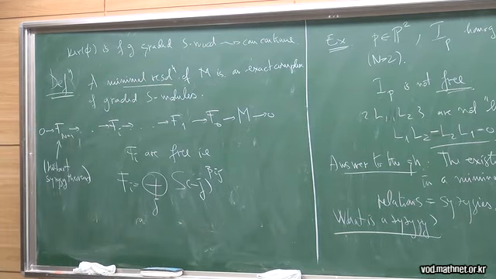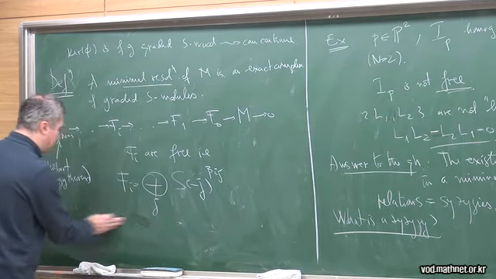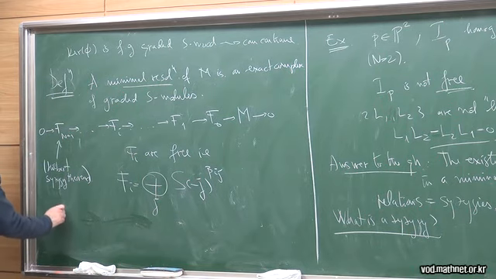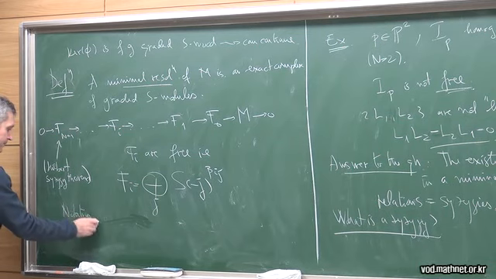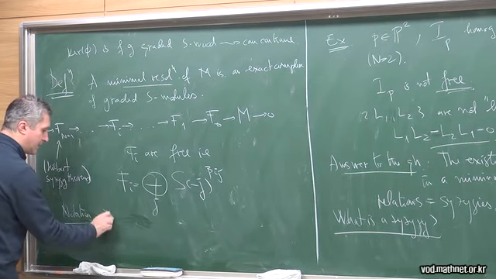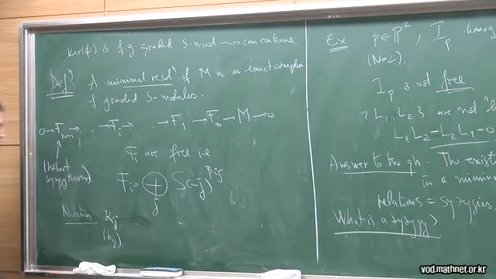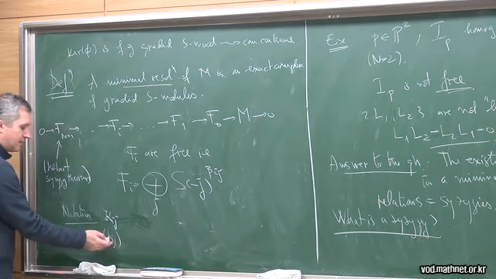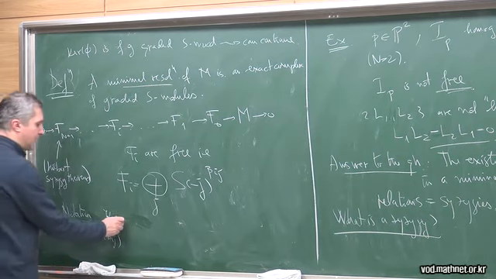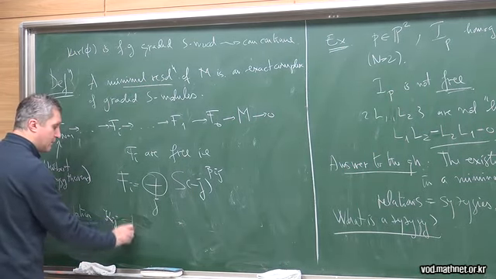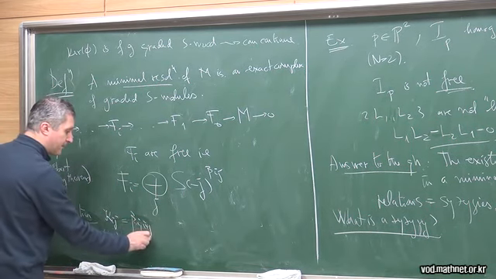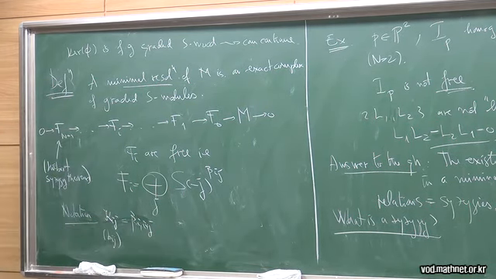And for some reasons that I will explain a bit later, I will use the following notation: k_ij, or in some papers you find the notation b_ij. So k_ij is beta_{i+j}.